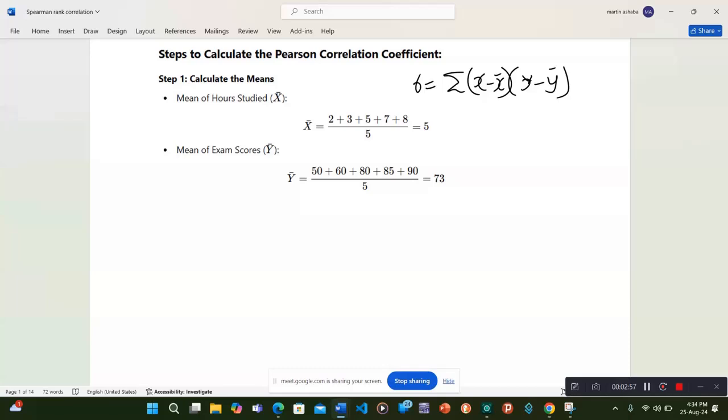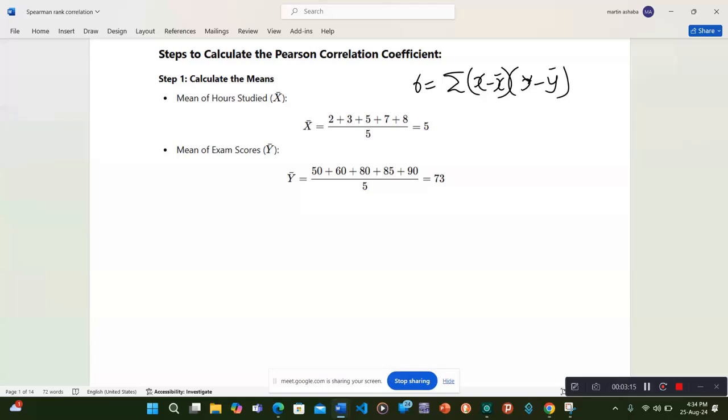So you get X bar, which is the mean of the X values, then subtract this mean from each value of X. That means you will have 2 minus 5, 3 minus 5, 7 minus 5, 8 minus 5.